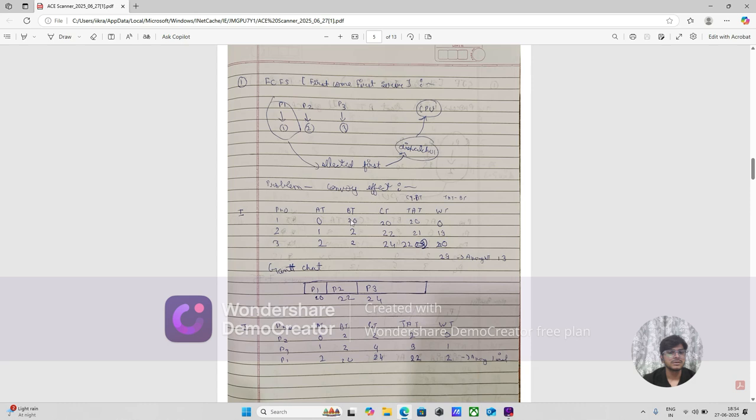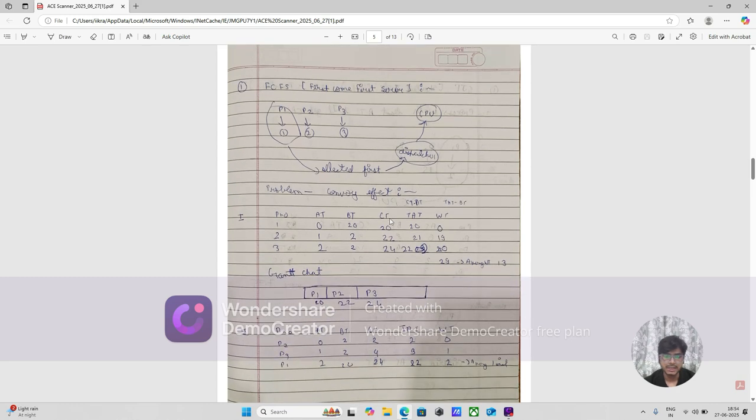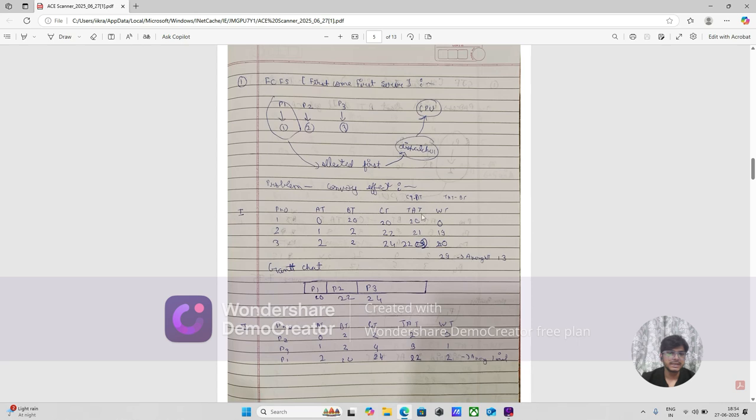CT means completion time, and TAT means turnaround time. I have explained turnaround time, and waiting time I have also explained. In this example there is arrival time and burst time.